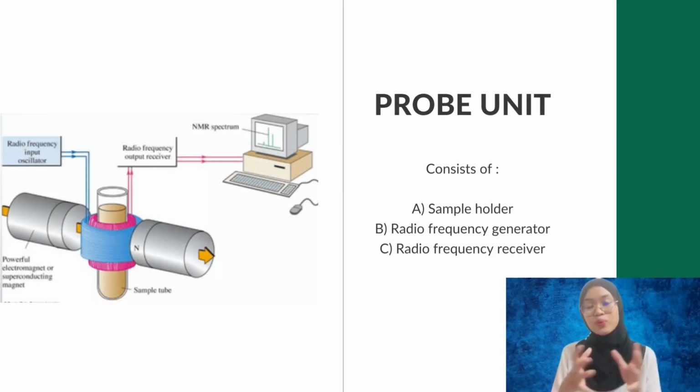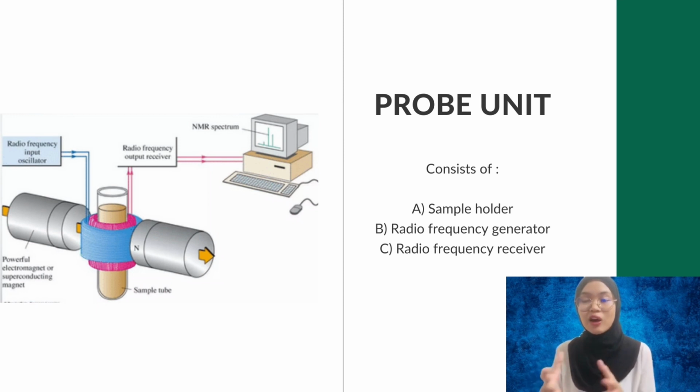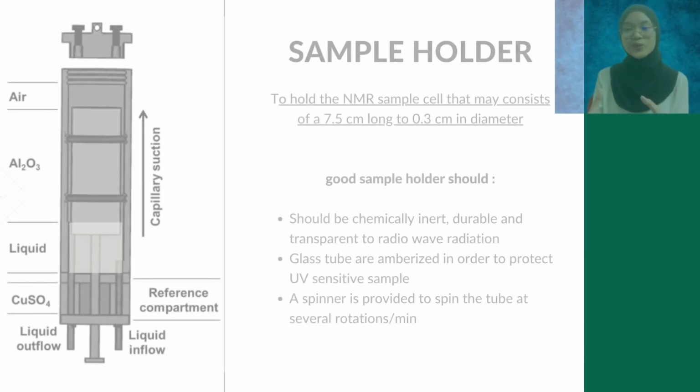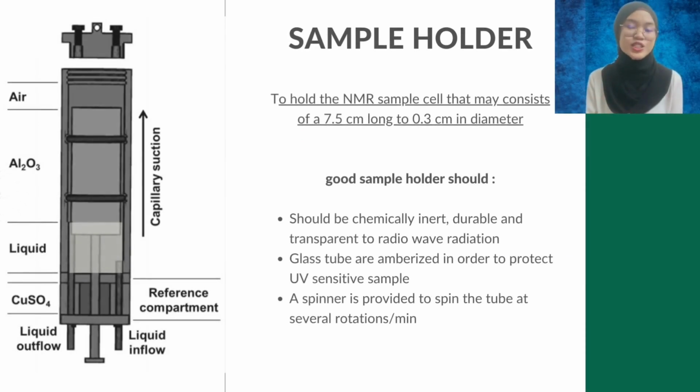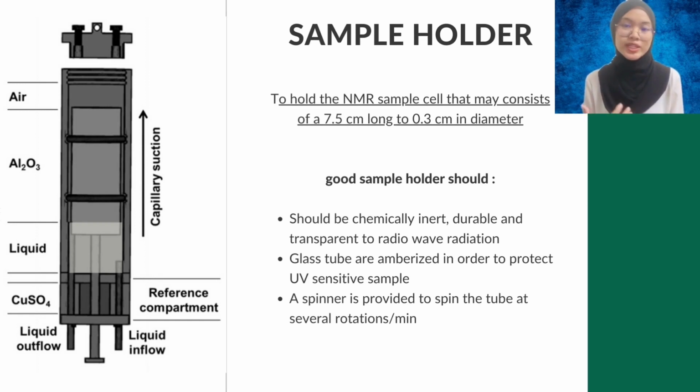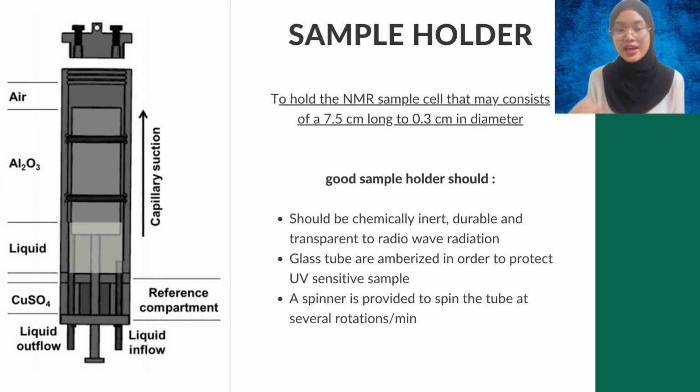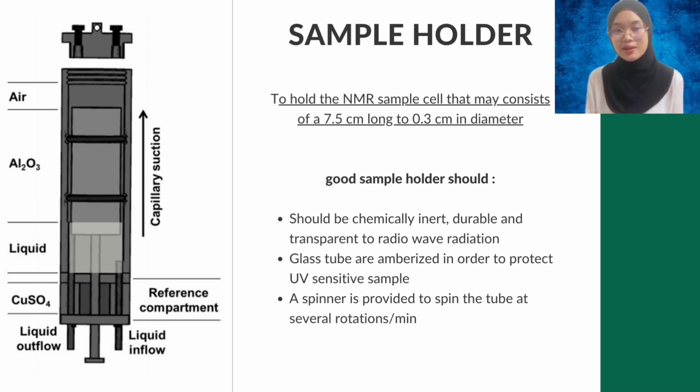Next is the probe unit, which can be considered the sensing element of the NMR system, and consists of a sample holder, radio frequency generator, and radio frequency receiver. The sample holder in NMR functions to hold the sample, which can be loaded in a tube 7.5 cm long and 0.3 cm in diameter.